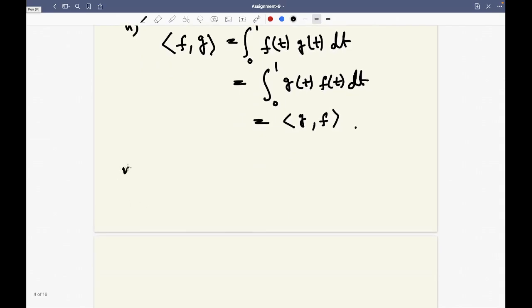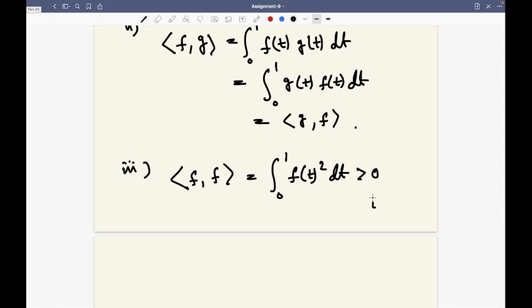And condition number 3, what is it? You have to check f inner product with f. So it will be integral 0 to 1 of f(t) whole squared dt. And this will be positive if f is not 0, right?